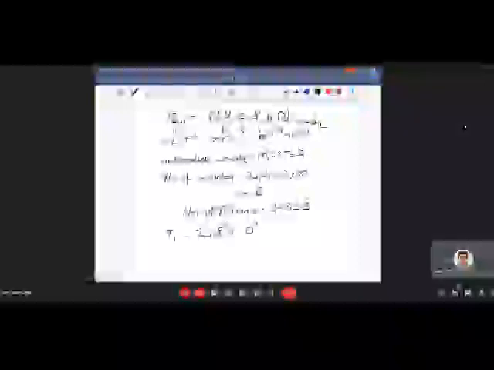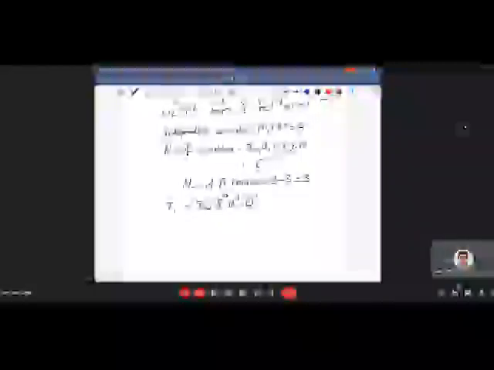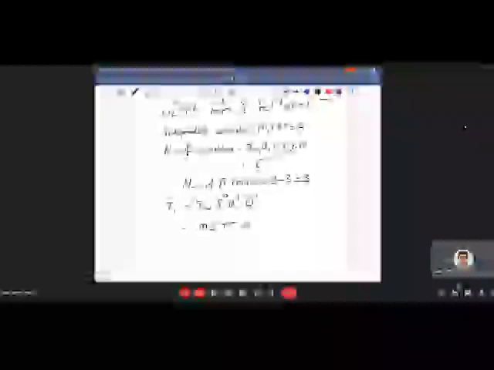Let's use u here, or velocity v here. Now this will come out to be M L^-1 T^-2 times M^a L^-3a.